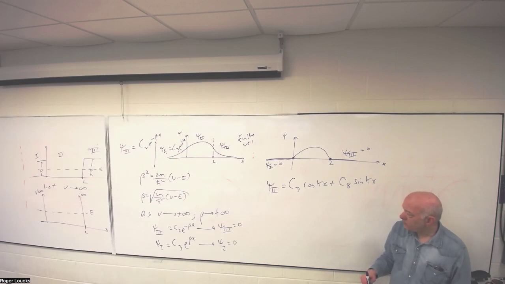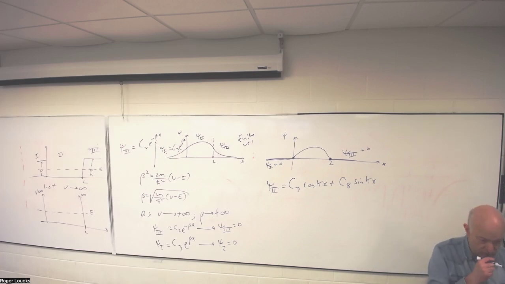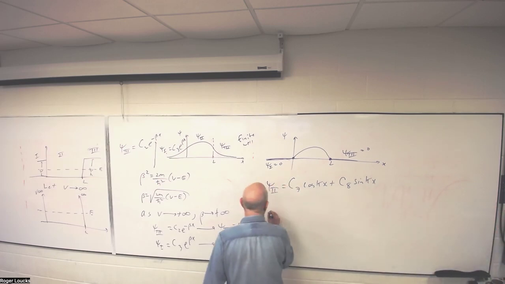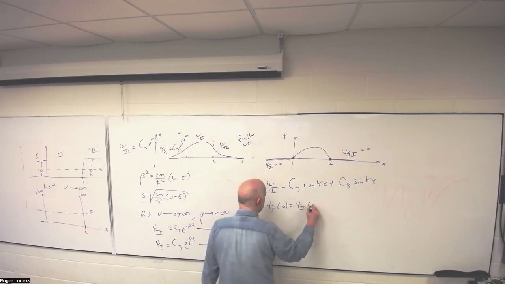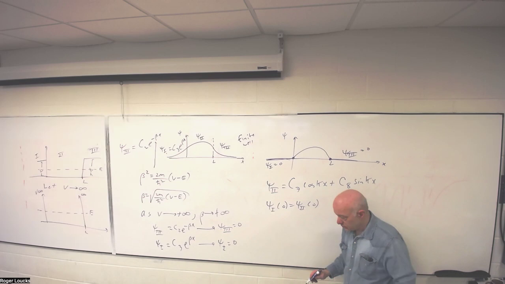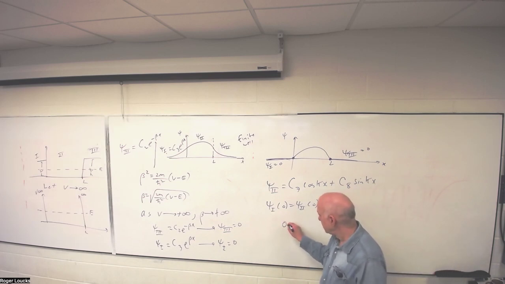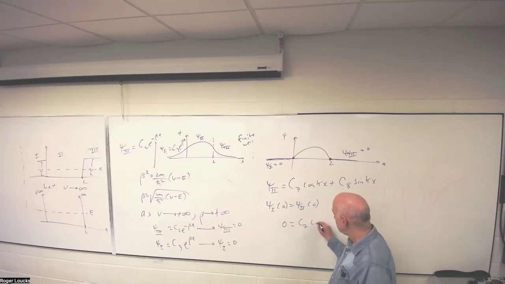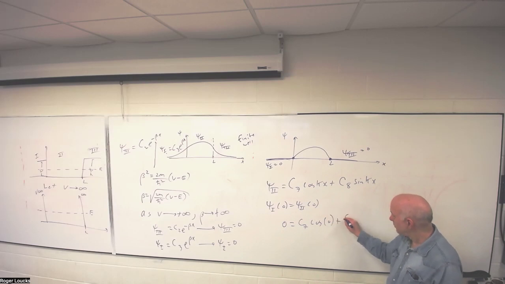At x equals 0, what does psi 2 have to equal? We need psi to be continuous. So we know that psi 1 at 0 has to equal psi 2 at 0. What does this equal? This is 0. This is C7 cosine of 0 plus C8 sine of 0.